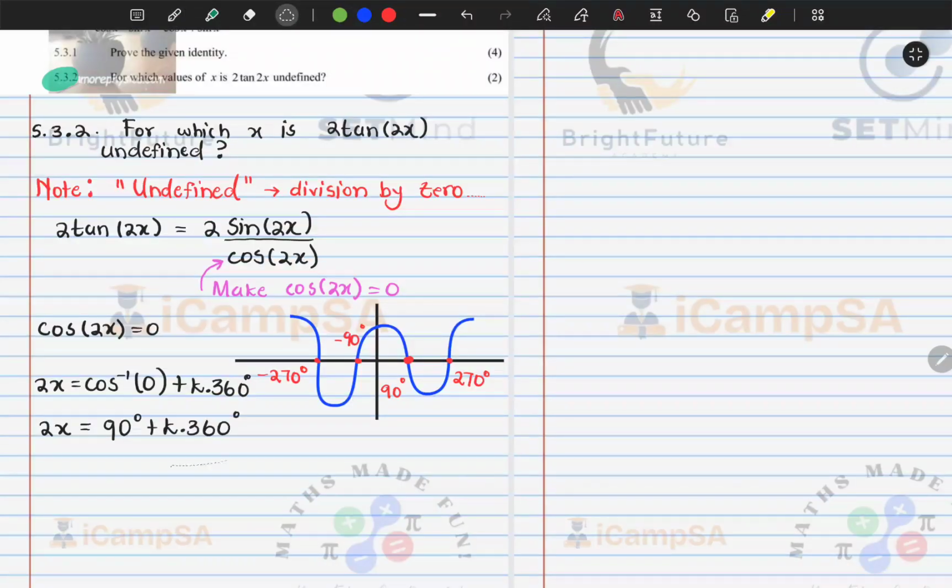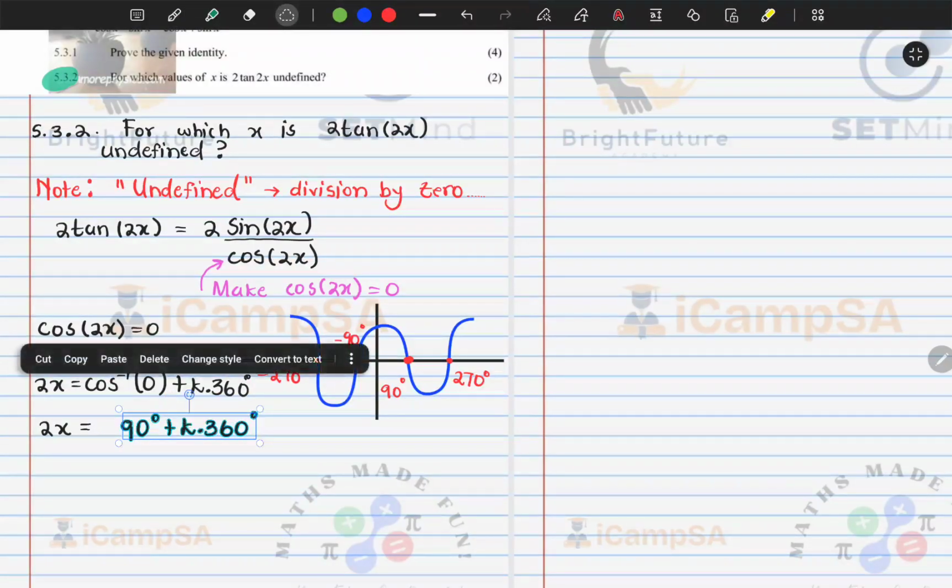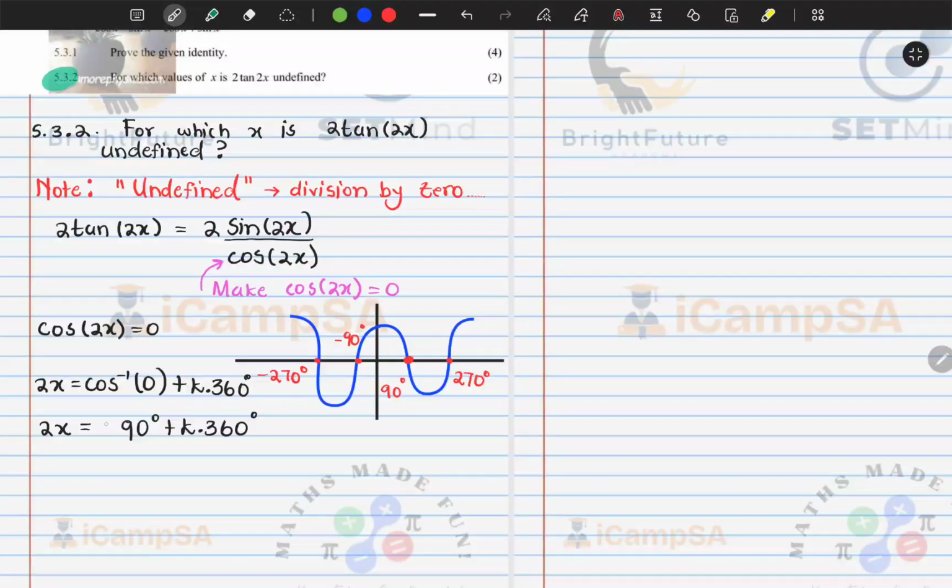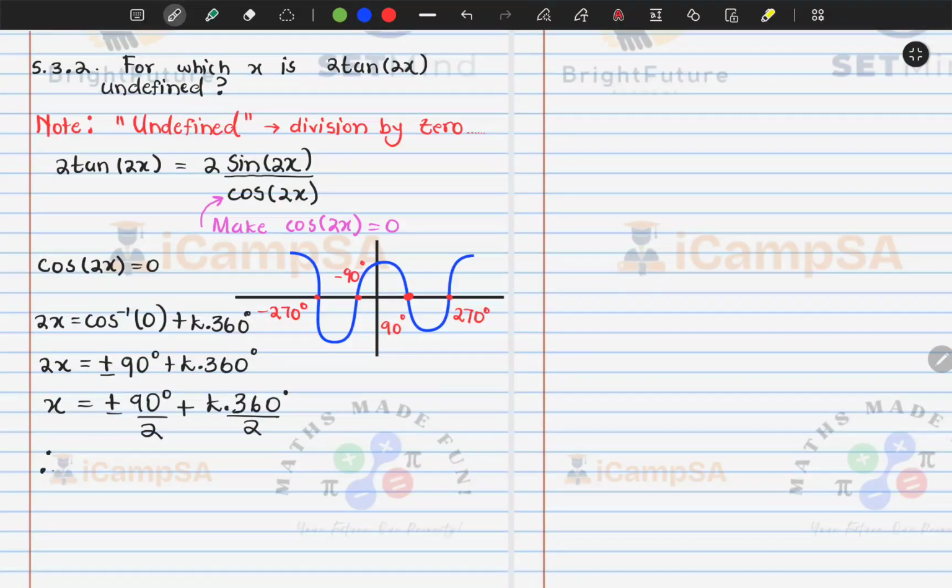With cos, if you are looking for the general solution, you can actually use plus or minus. It makes no difference. So x will be plus or minus 90 degrees divided by 2, plus k 360 divided by 2. And you will see that the x value will be plus or minus 45 degrees, plus k 180 degrees.